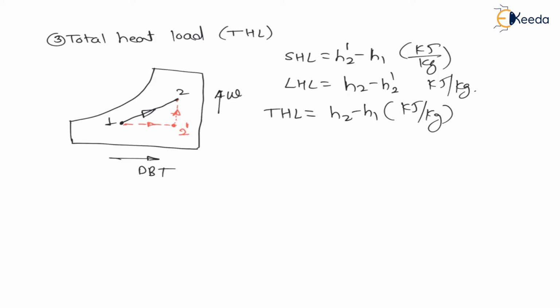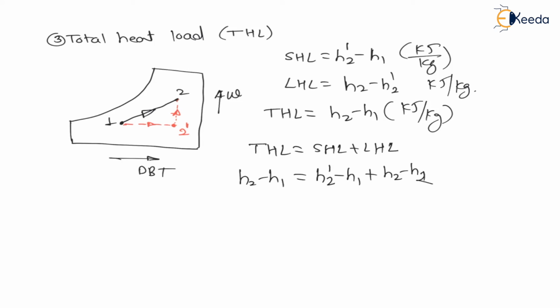Therefore from this can I say the total heat load is nothing but sensible heat load plus latent heat load. Let us understand here. Total heat load is h2 minus h1, which is nothing but sensible heat load h2 dash minus h1 plus latent heat load, sorry, latent heat load is h2 minus h2 dash, right?